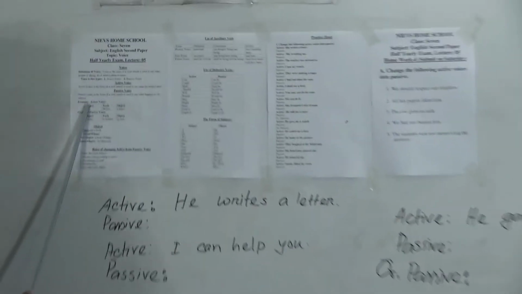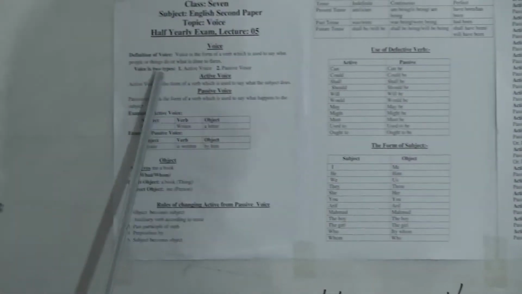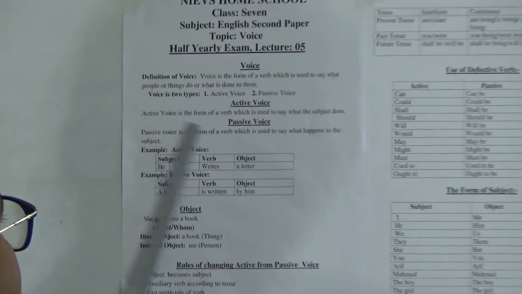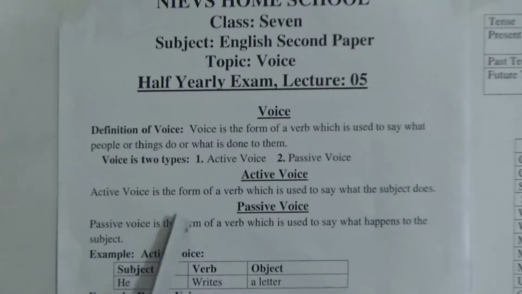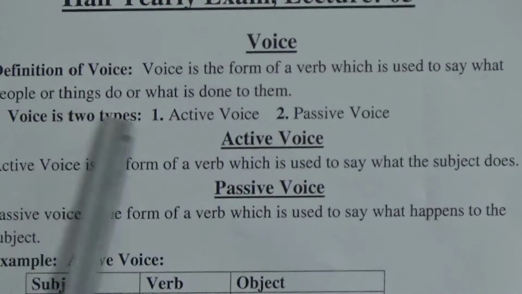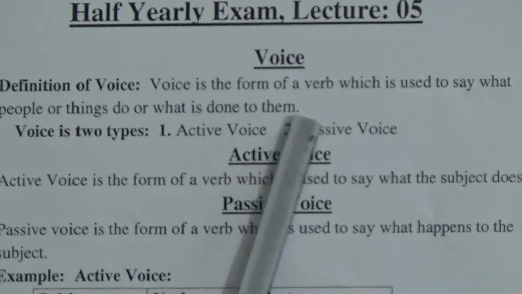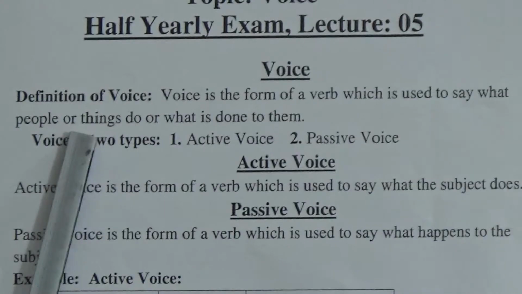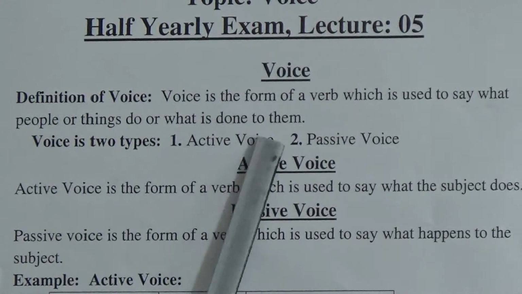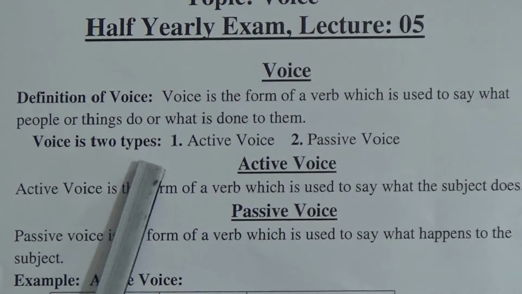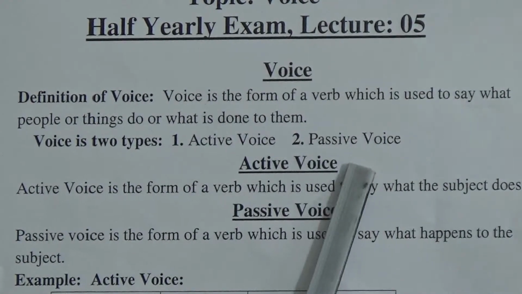So our today's topic is voice, Haveli exam lecture 5. So let's see the definition. The definition will not come in the exam. Definition of voice: voice is the form of a verb which is used to say what people or things do or what is done to them. Voice is of two types, active voice and passive voice.